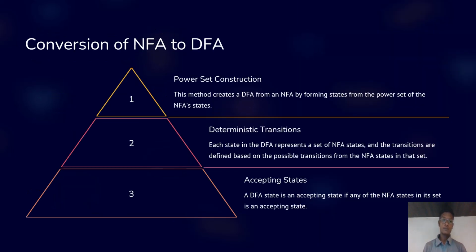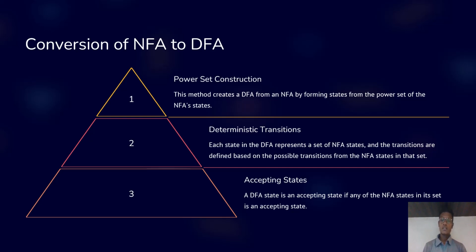Next, we move to the conversion of NFA to DFA. First step is the power set conversion. This method creates a DFA from an NFA by forming a state from the power set of the NFA states. Second step is deterministic transitions.